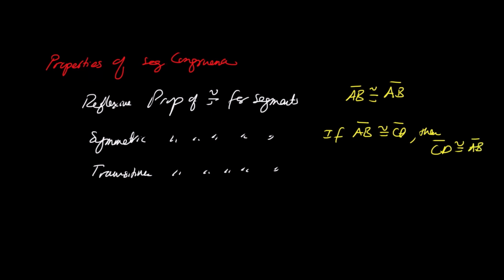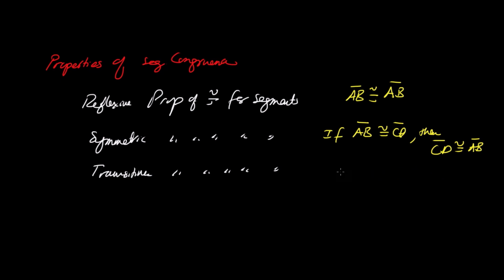Before, we had the symmetric property of equality for real numbers. That means if A equals B, then B is equal to A. Same thing here. If AB is congruent to CD, then CD is congruent to AB. Okay, that is the symmetric property of congruence for segments.